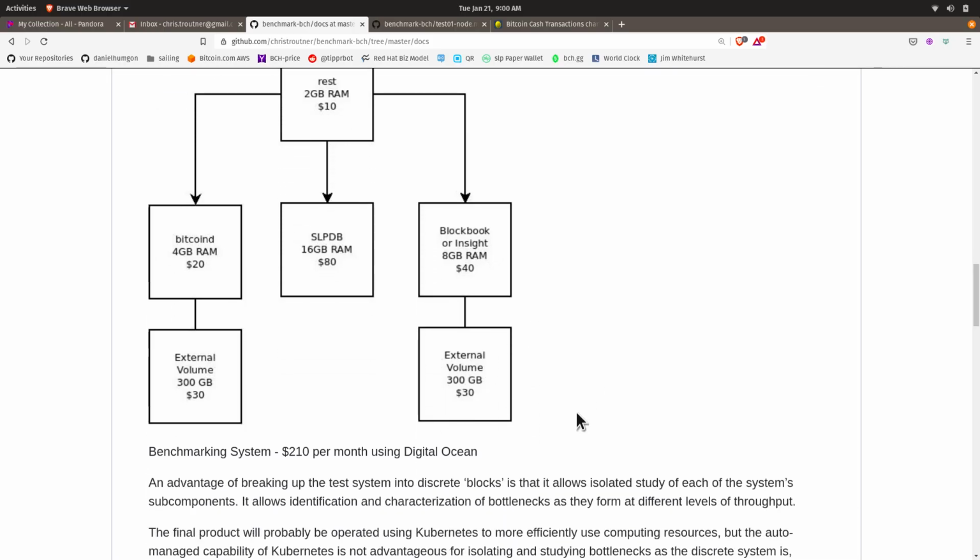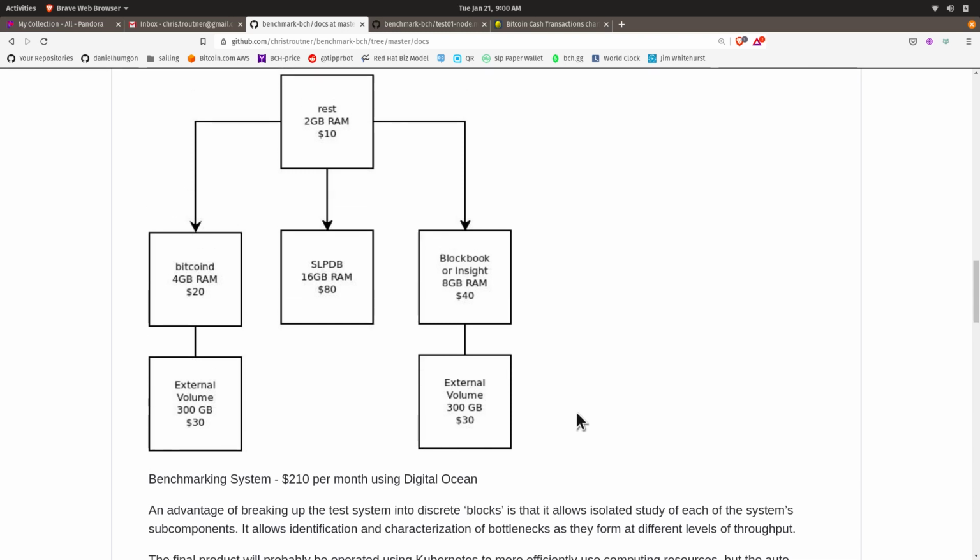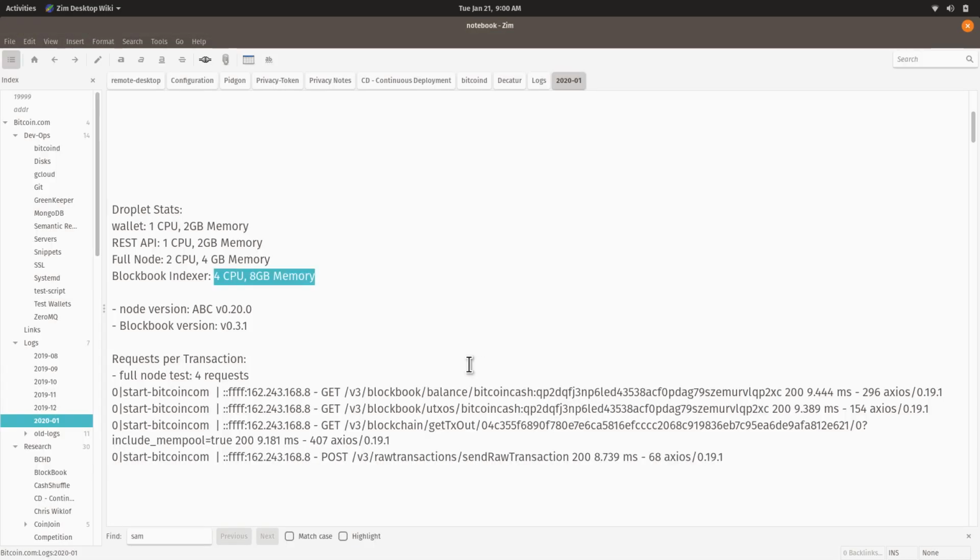The test that I'm going to run right now will send one transaction per second. I'm not going to have any issue running this test in terms of throughput. The intention of this test is to establish a baseline and a reference, and then from here I will step it up.